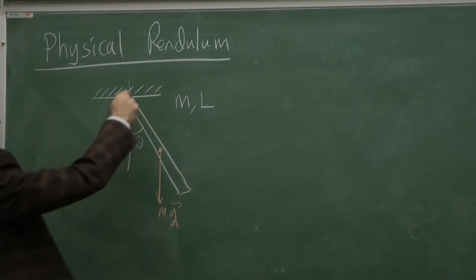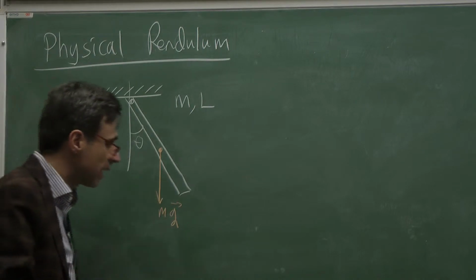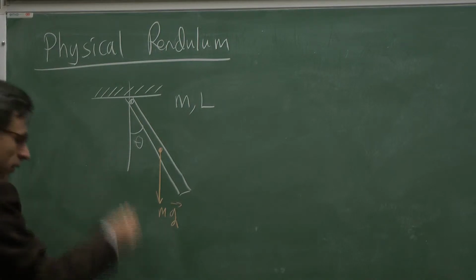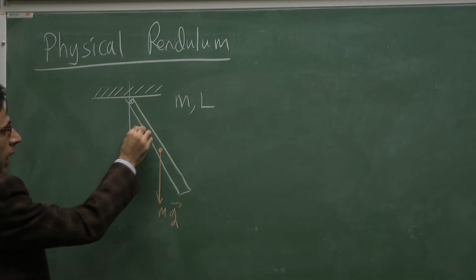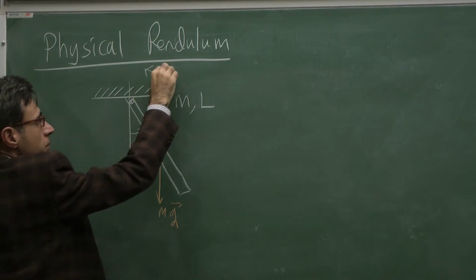We can draw the direction of the force through that pin, however it won't have any effect as far as the angular acceleration is concerned. If I define the direction of the angle in that direction, this is the positive direction.